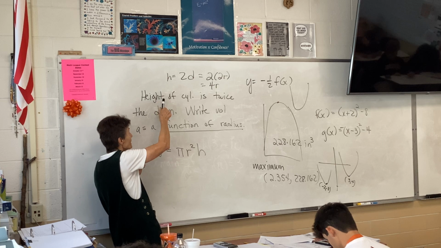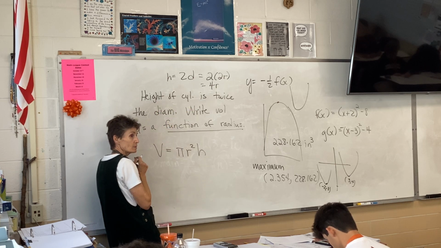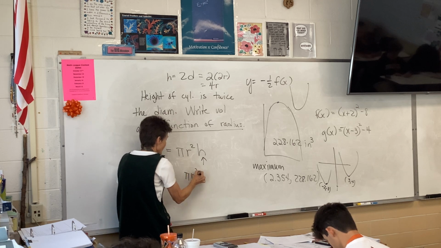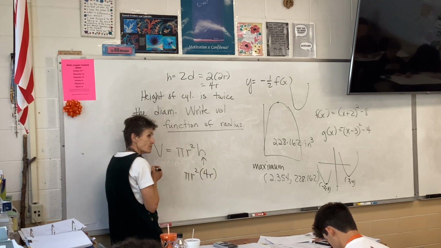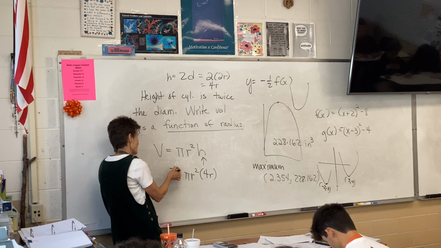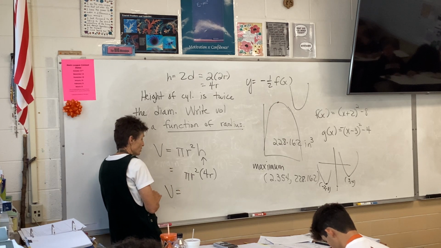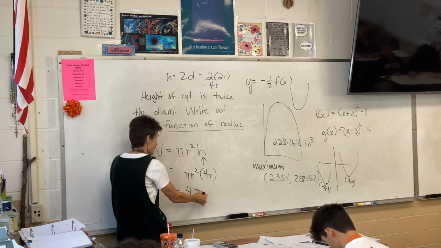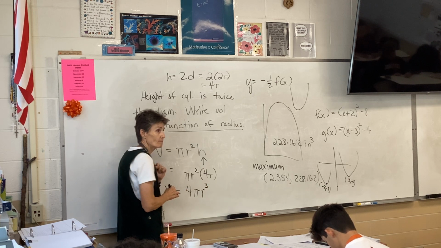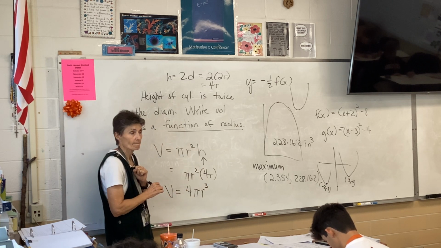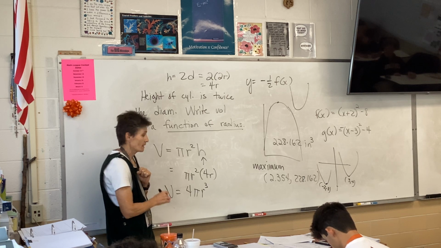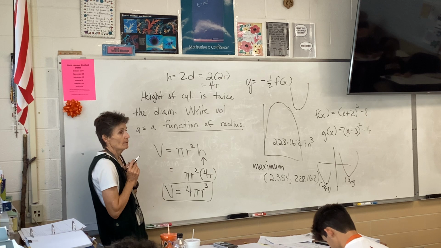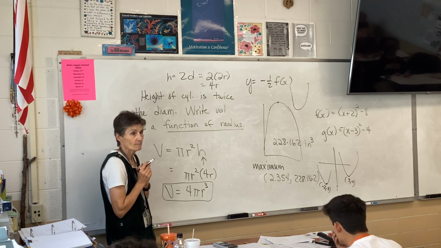So the height is 4r. I'll take that out and substitute in 4r. So now what's my volume equation? Pi r squared times 4r is 4 pi r cubed. And you're not doing anything with that, you are simply writing it.